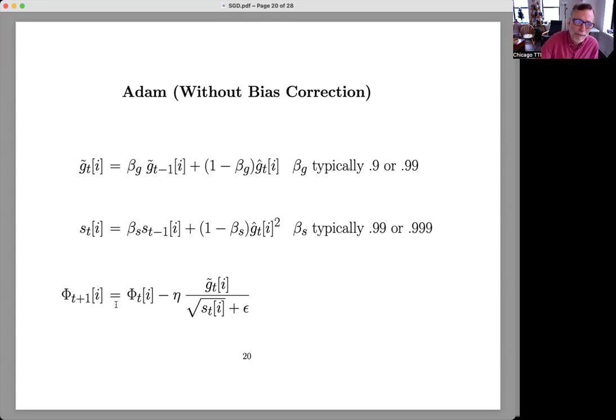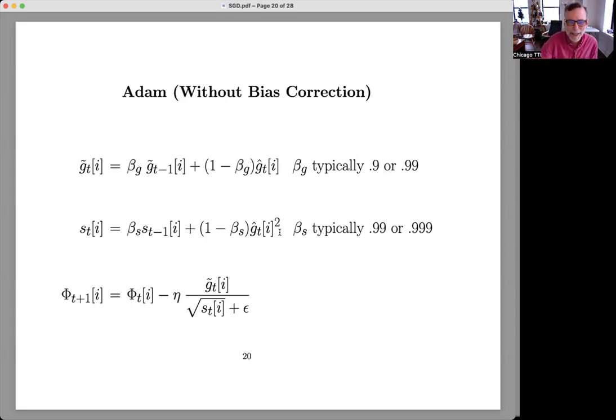The important thing to note here is that this is for a particular parameter. I'm not updating the parameter vector as a whole here. I'm updating each component of the parameter vector by adjusting the gradient on that particular component by dividing by the square root of the second moment.